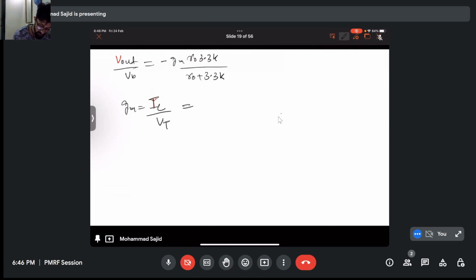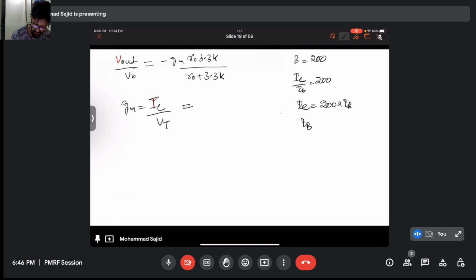IC will be equivalent to, beta is given. Let's open this question. Beta is given to us as 200. So IC by IB is equal to 200, so IC will be equal to 200 into IB.